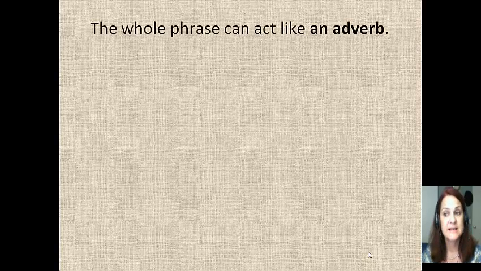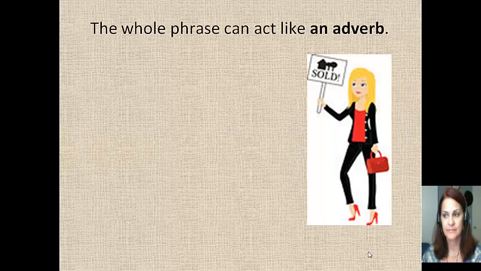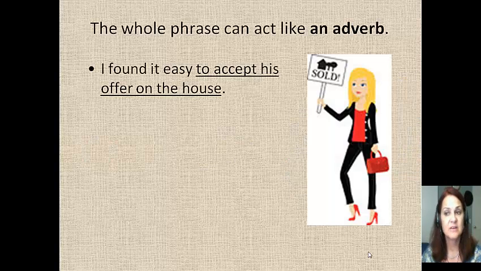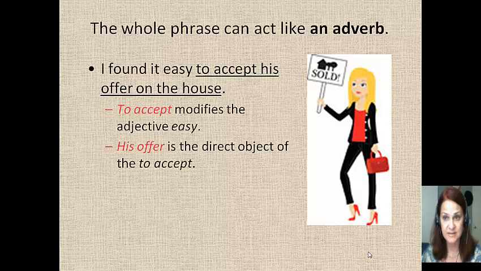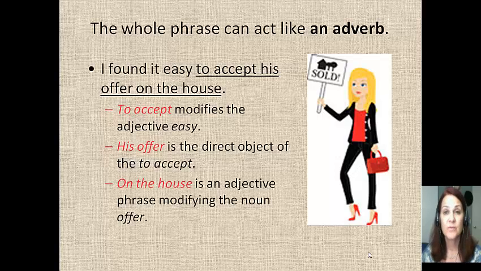The whole phrase can act like an adverb. I found it easy to accept his offer on the house. Now my whole phrase, my infinitive phrase, is again underlined. So it's to accept his offer on the house. So let's analyze this phrase.